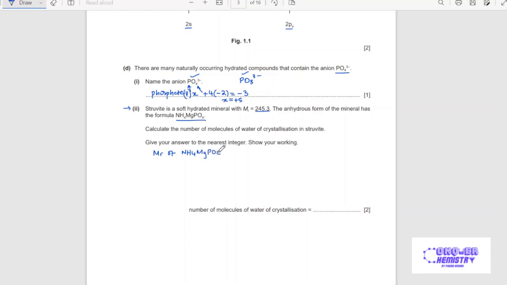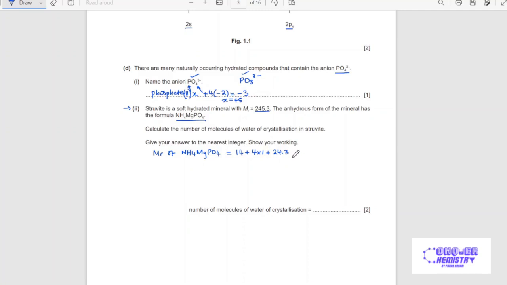So this is going to be the MR of NH4MgPO4. Now for N, we know that the AR is 14. We have 4 hydrogen atoms, so that's 4 times 1, plus Mg is 24.3. By the way, you don't need to memorize these values. You can find them from the periodic table at the end. And just to save time, I'm not going to keep scrolling up and down from the periodic table.